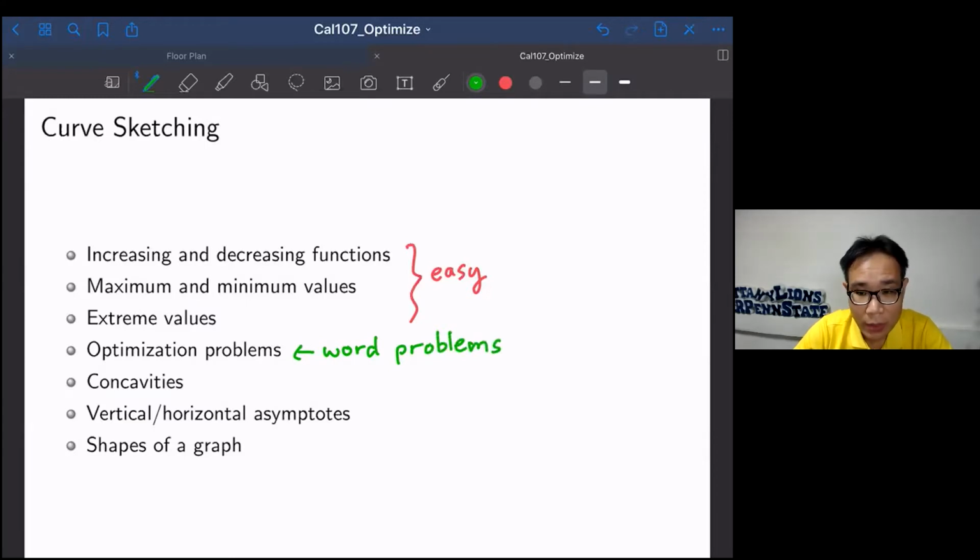And you have concavity, vertical and horizontal asymptote, and the shape of the graph. These three turn out to be preparation for curve sketching.